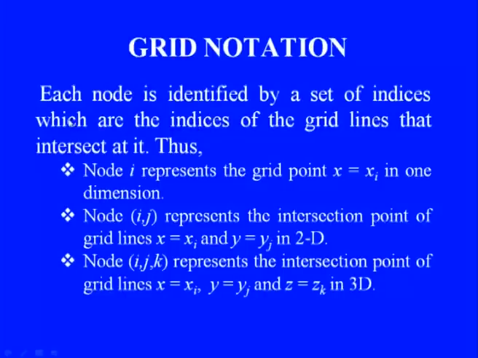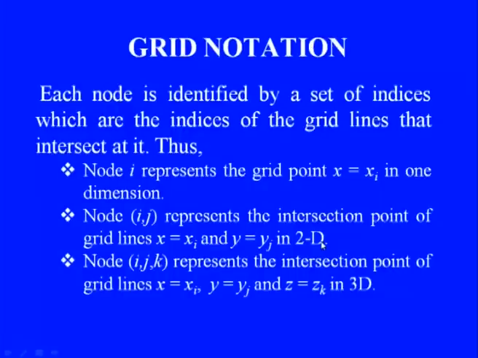Each node is identified by a set of indices which are the indices of the grid lines that intersect at it. Thus node i represents the grid point x equal to xi in one dimension. Node i, j represents the intersection point of grid lines x equal to xi and y equal to yj in 2D. That is what we saw in the previous slide.